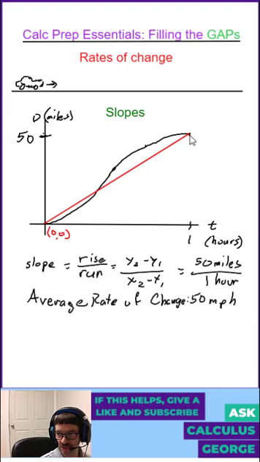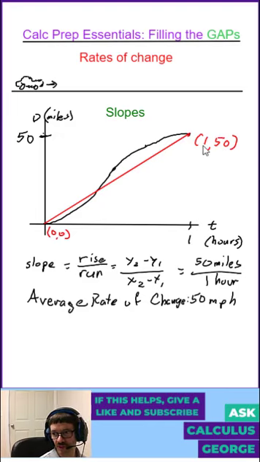And then this point right here, we're going to have the time of 1 and the distance or position of 50 miles. So 1 hour, 50 miles: our x coordinates, or t coordinates, would be the 1, and our y coordinates, or the miles or distance coordinates, is going to be 50.